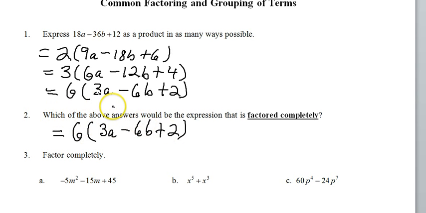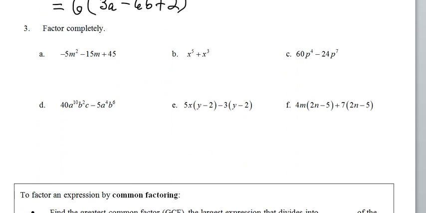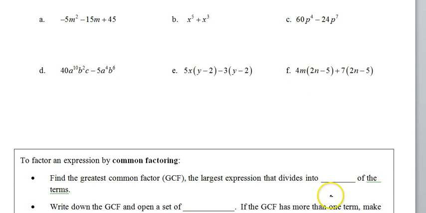Factor completely. Number 3. Let's move down here. Negative 15m squared minus 15m plus 45. Okay, the common factor, in this case, 5 goes into all of these. We look at the smallest number and we say, okay, so 5 will go into 15 and 45. In this case, I'm actually going to take out a negative 5.